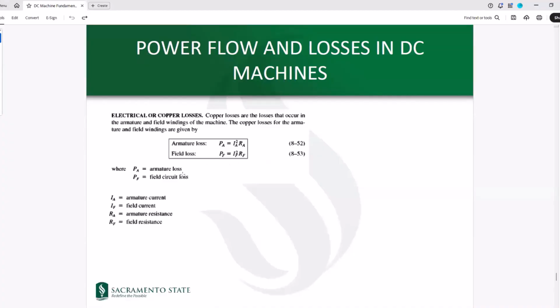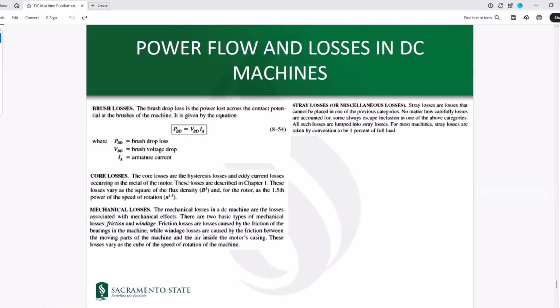You have to add these both together, PA for the armature loss and PF for the field loss when applicable. For the brushes, there would be some voltage falling on the brushes at the moment of commutation, and that is almost a constant value equal to VBD. The brush drop loss would be PBD equals VBD times IA, where IA is the armature current. So that's another factor that needs to be added to the losses.